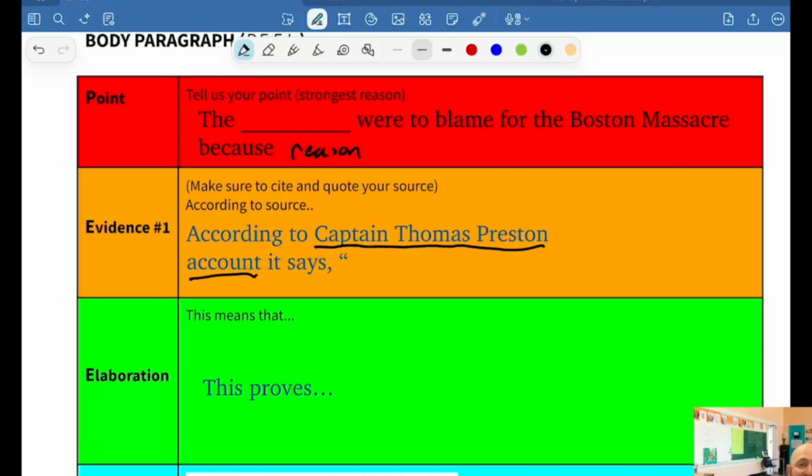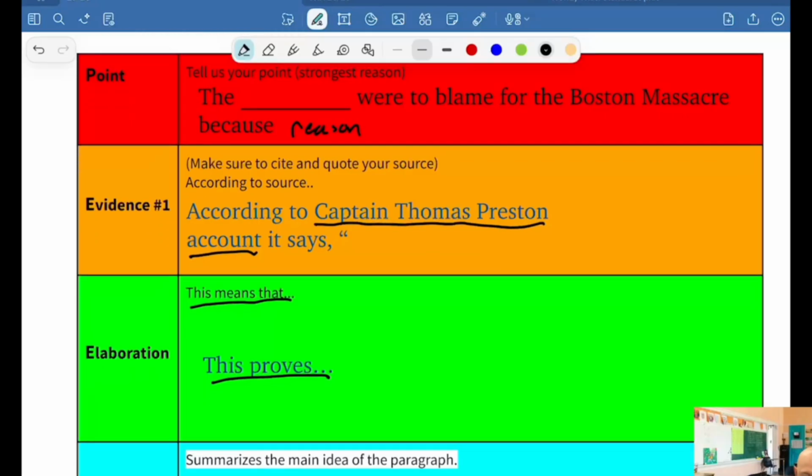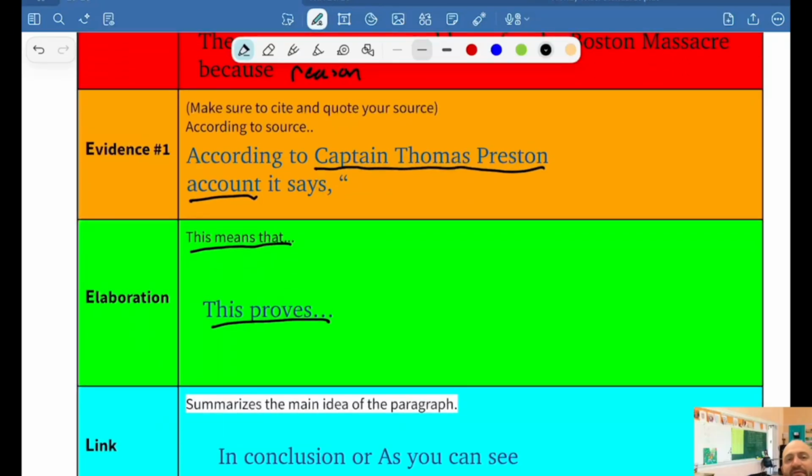We're actually giving the title of the source so that the reader knows where the source actually came from. We know that for our elaboration, we have this means and this proves. So the first thing we do is we explain to the reader what the evidence means in our own words, and then this proves and show how it proves our point. And then last but not least, we have our link. Think of it as our concluding sentence, and we can use one of our 2 sentence starters, in conclusion or as you can see. And then you've got your paragraph.